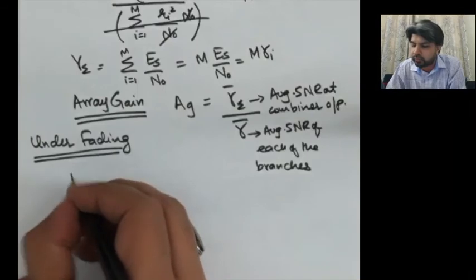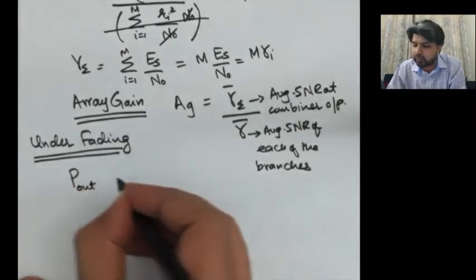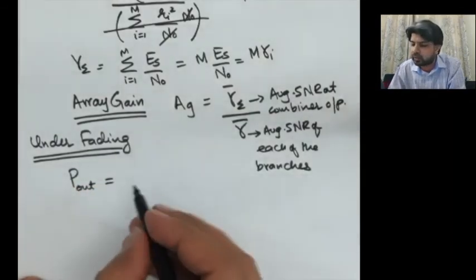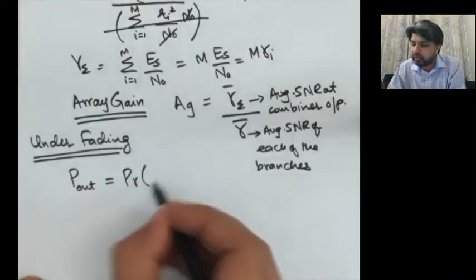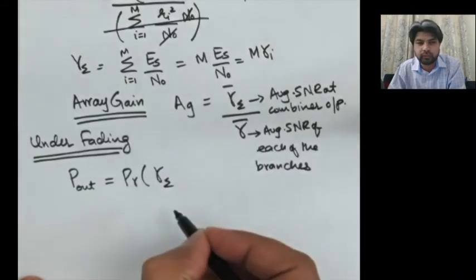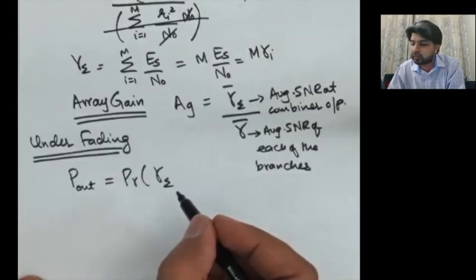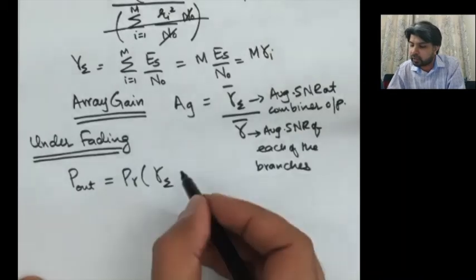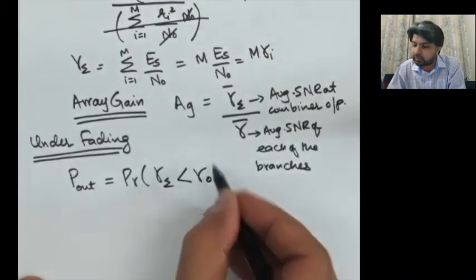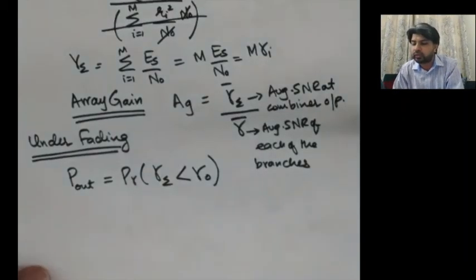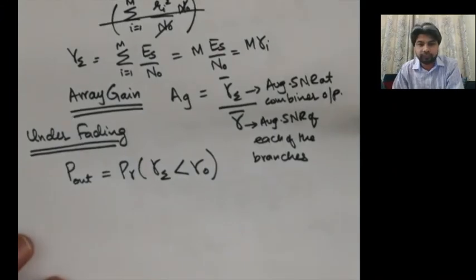One of the performance metrics is the outage probability, which is nothing but the probability that your gamma sigma, which is your signal to noise ratio at the combiner output, is less than some threshold gamma naught. So that would be your outage probability.